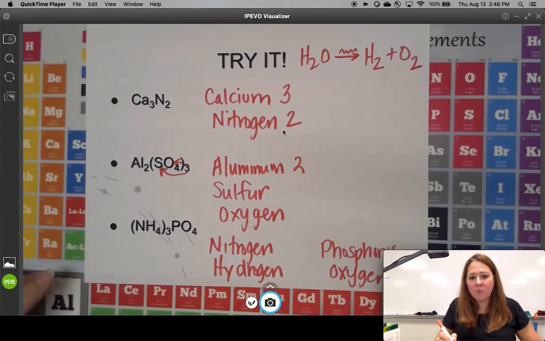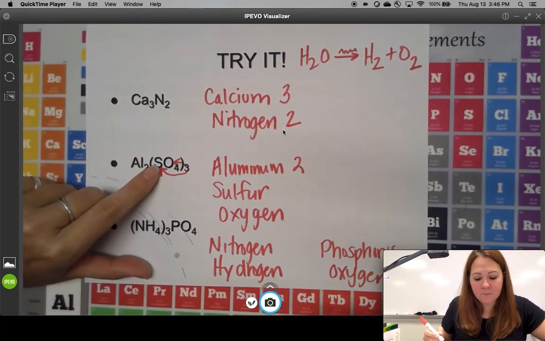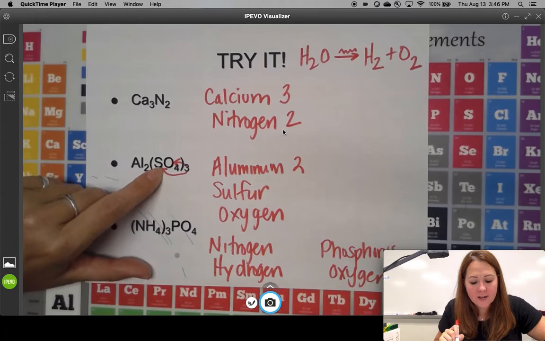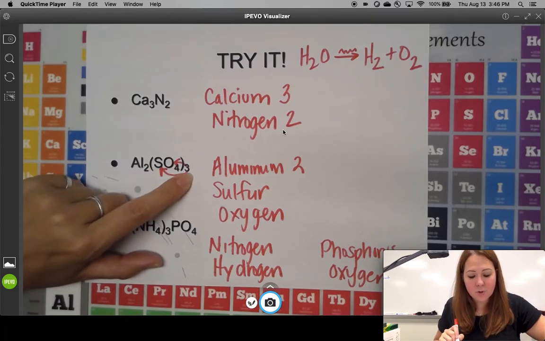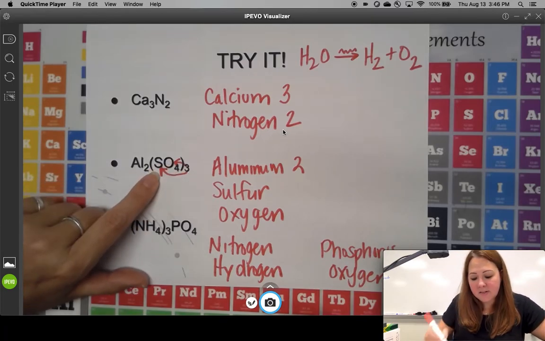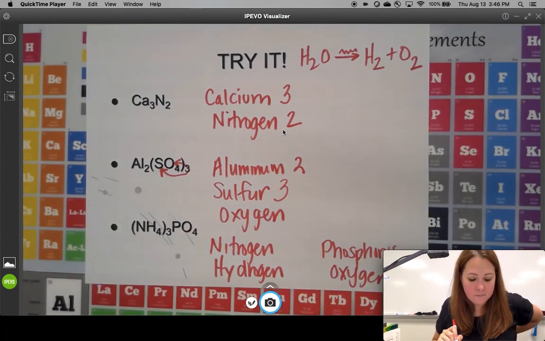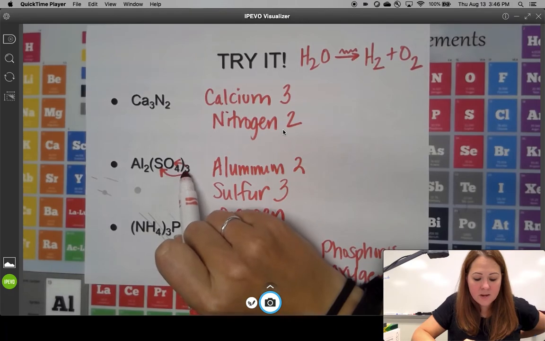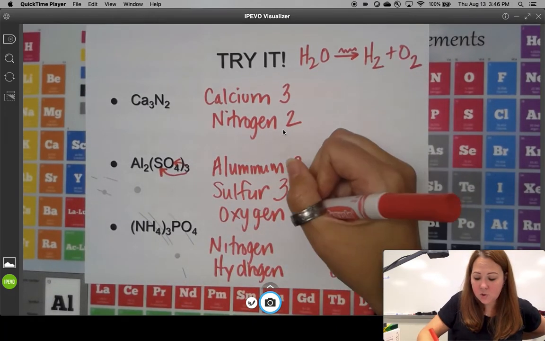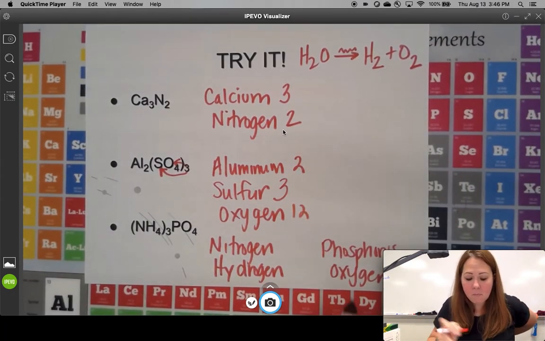Chemists are pretty lazy. We don't like to write the number 1 unless we have to. So right now I have 1 sulfur inside of the parentheses. There's a 3 outside, so that means that I have 3 sulfur. 3 times 1 is 3. And then I have 3 times 4 is 12 oxygen.